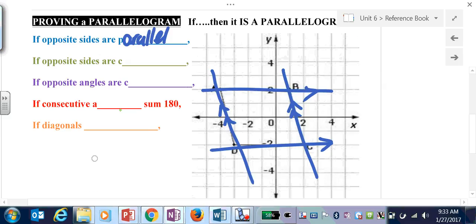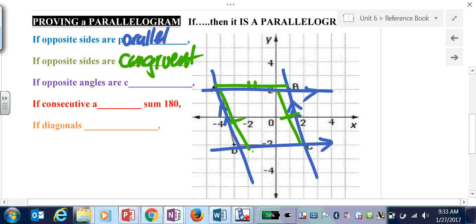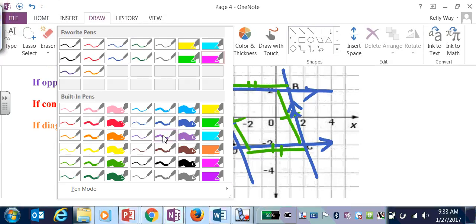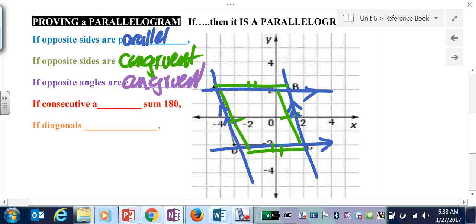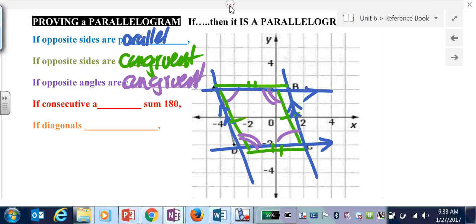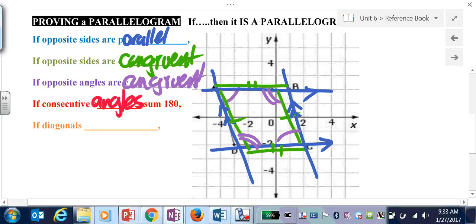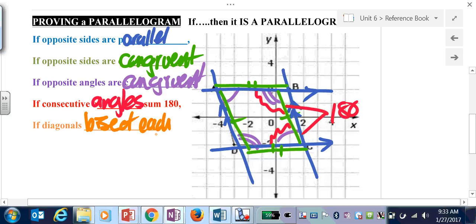If opposite sides are congruent, I think you see where we're going with this. Then you have yourself a parallelogram.